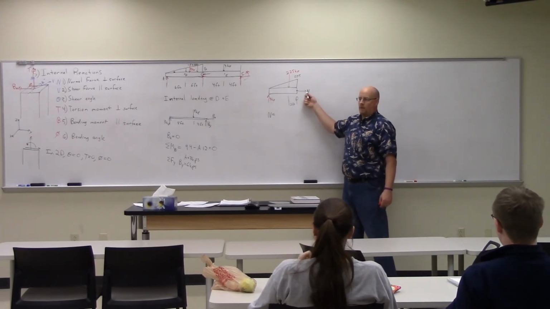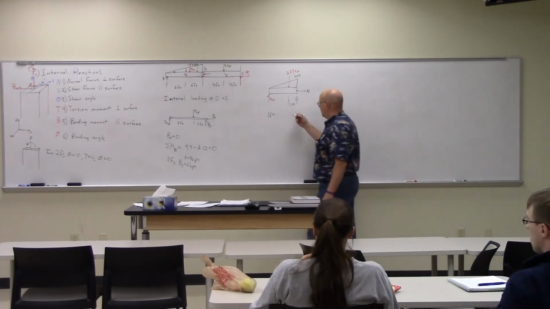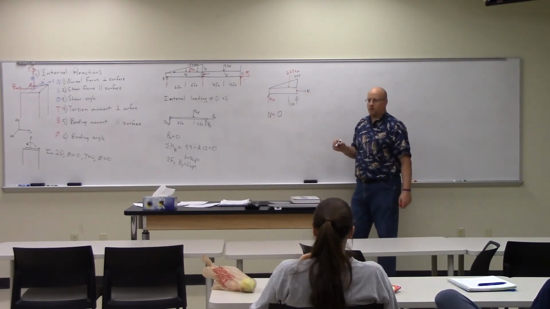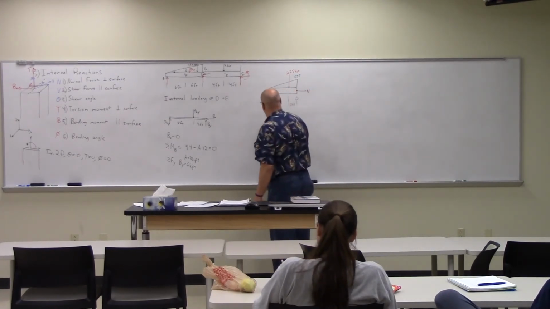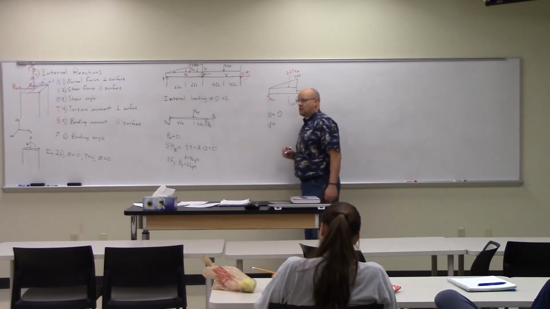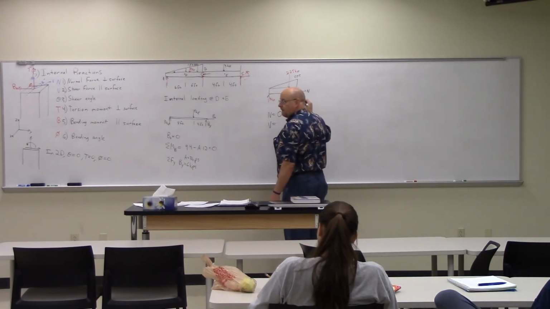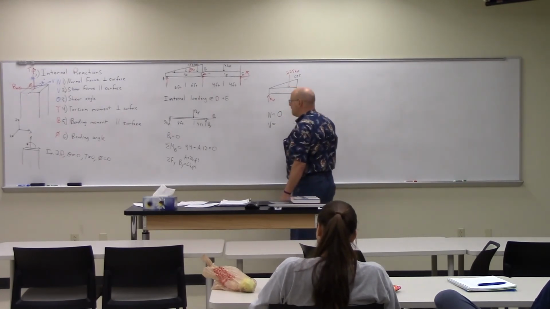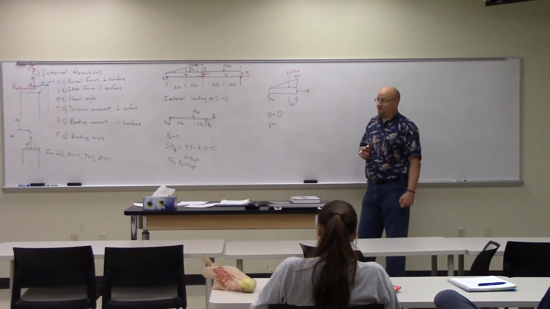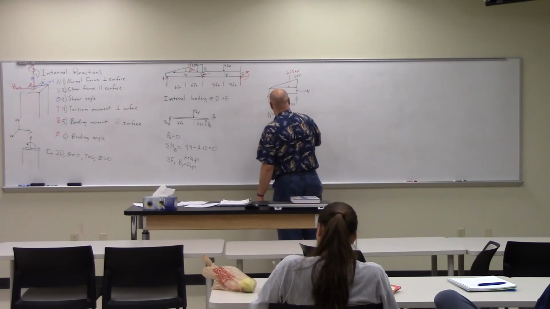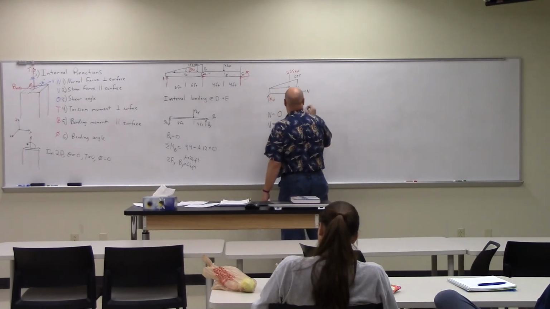So N equals 0. Sum of the forces in the x direction, there's no normal force. What is the shear force at D? 0.75, up or down? It's down. 0.75 in this direction.